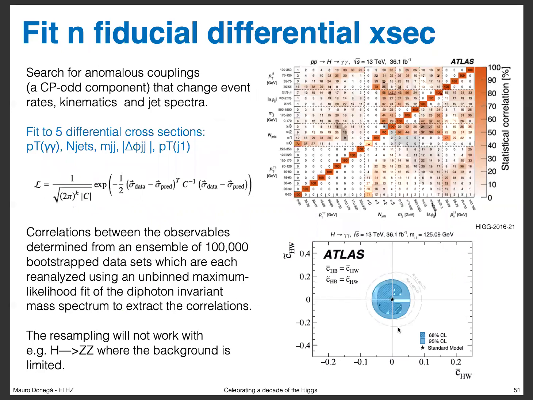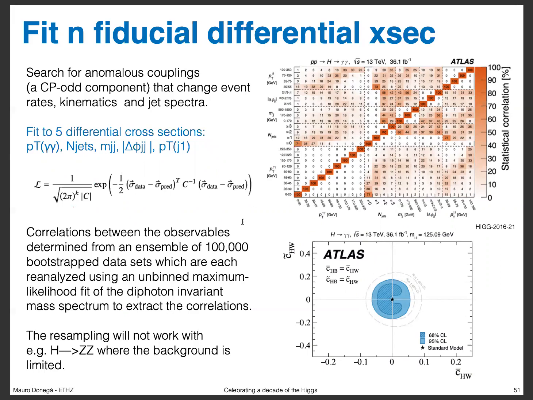Now, in the last couple of minutes, I want to show you other ways of using these measurements. One is to fit n fiducial differential cross-sections in one shot. Here ATLAS is producing this plot where it fits pT, N jets, mJJ, delta phi JJ, and pT of the leading jet, all together to EFT coefficients.